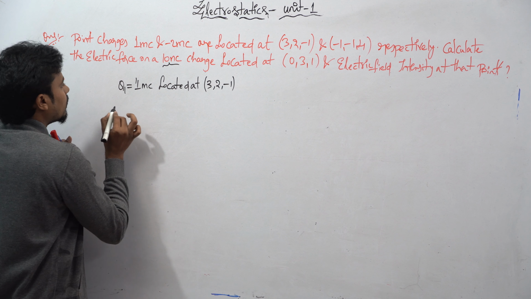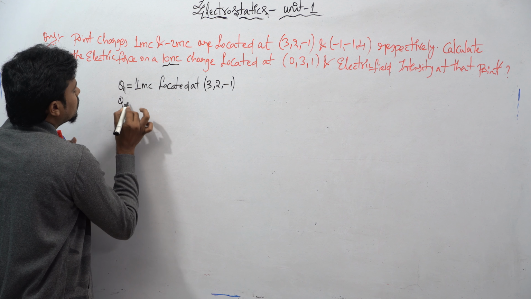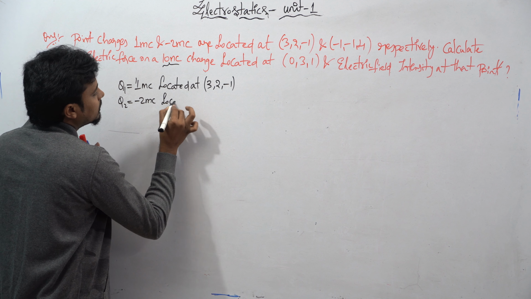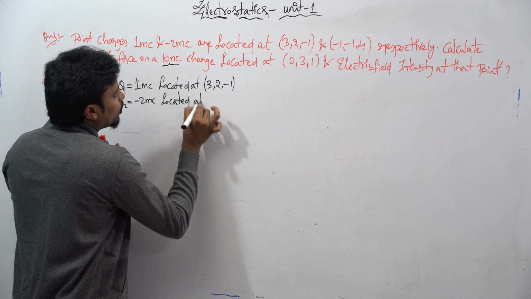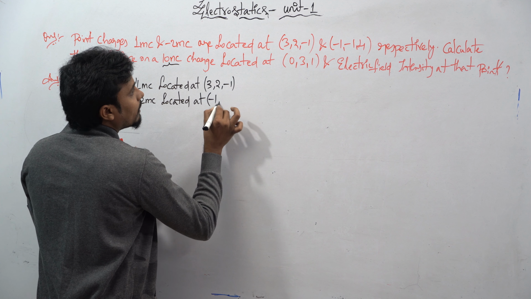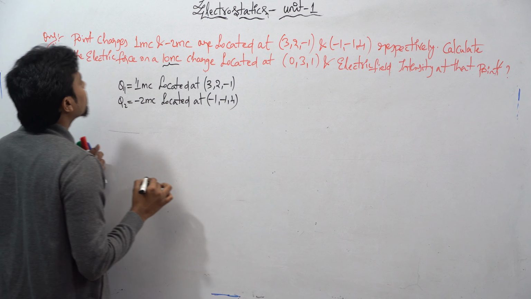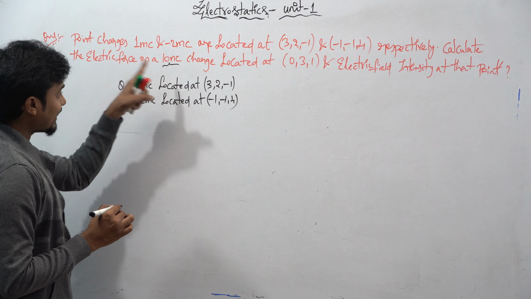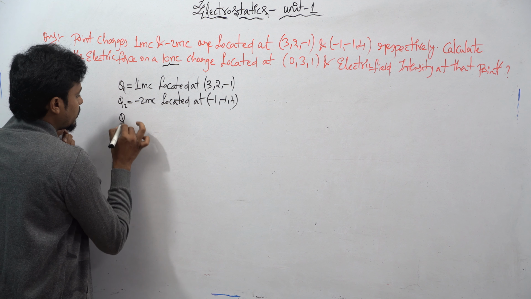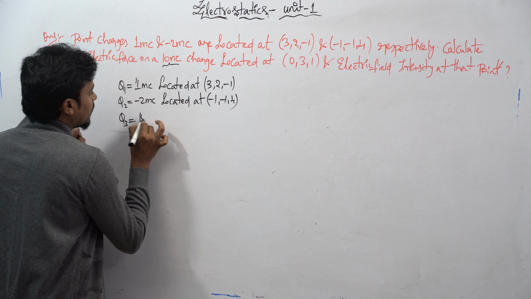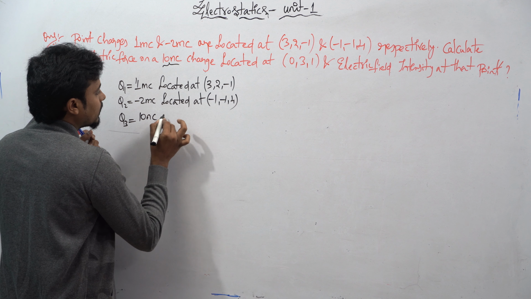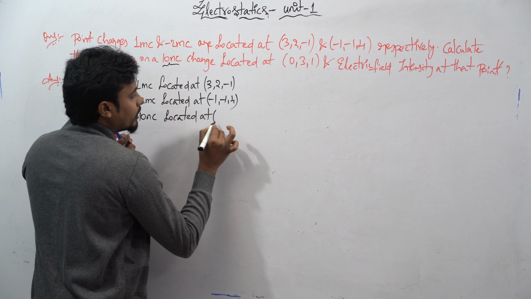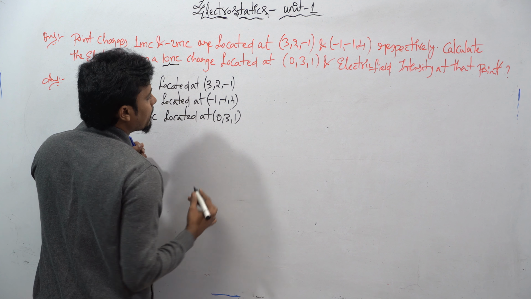Similarly, the charge Q2 is 2 millicoulomb, located at minus 1, 4, and we calculate the electric force on the 10 nanocoulomb charge. I will consider this as Q3, the 10 nanocoulomb charge, with coordinates 0, 3, 1.